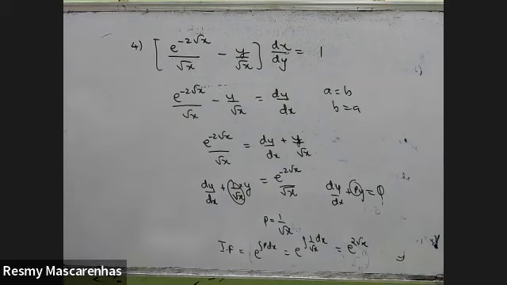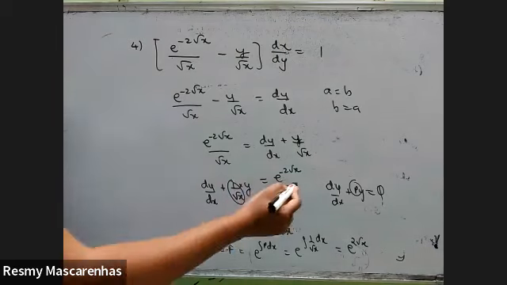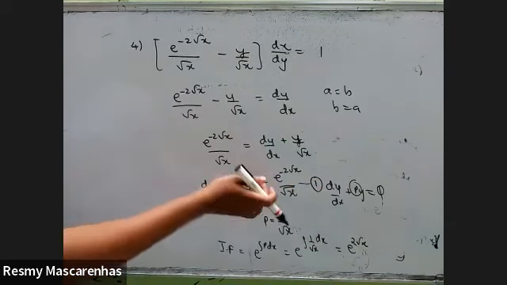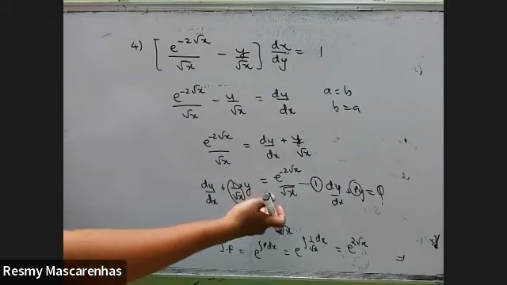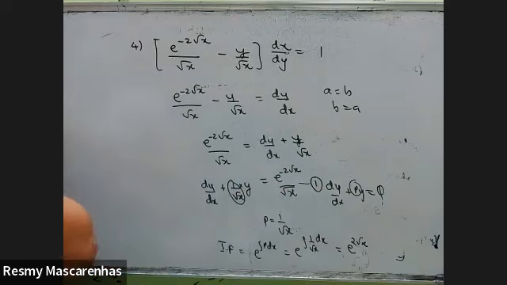To multiply, this is equation 1. Before finding the integrating factor, whatever is the equation, that's equation 1.